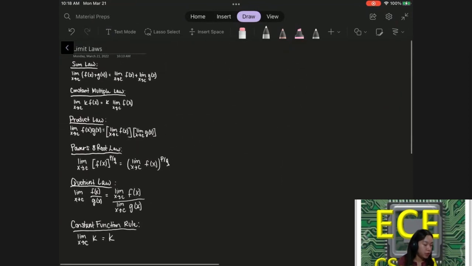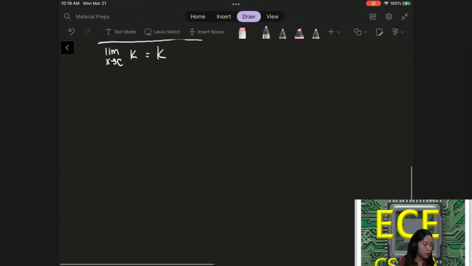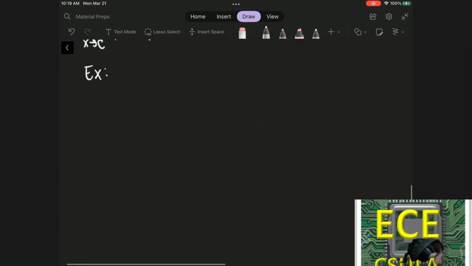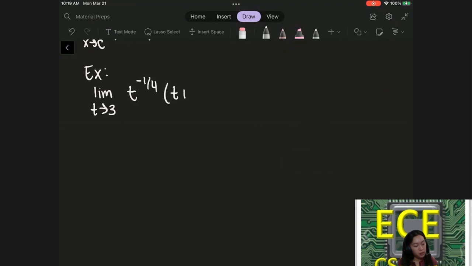Let me zoom out for a bit. And let's do an example using them. Okay. Example. Let's find the limit as t approaches 3 of this function, t to the negative 1/4 times t plus 5 to the 1/3.